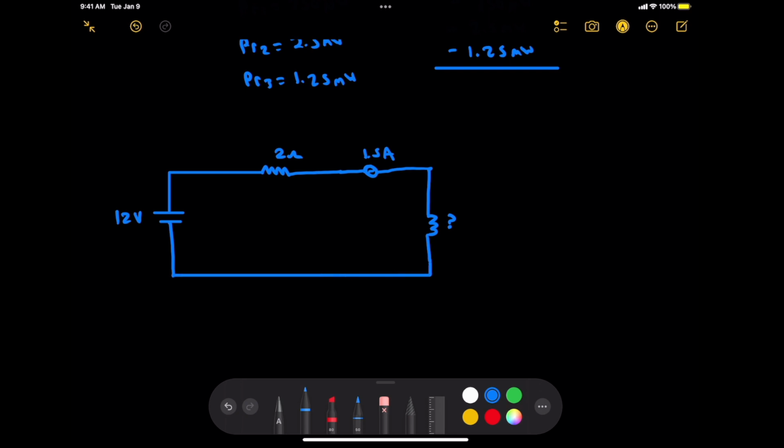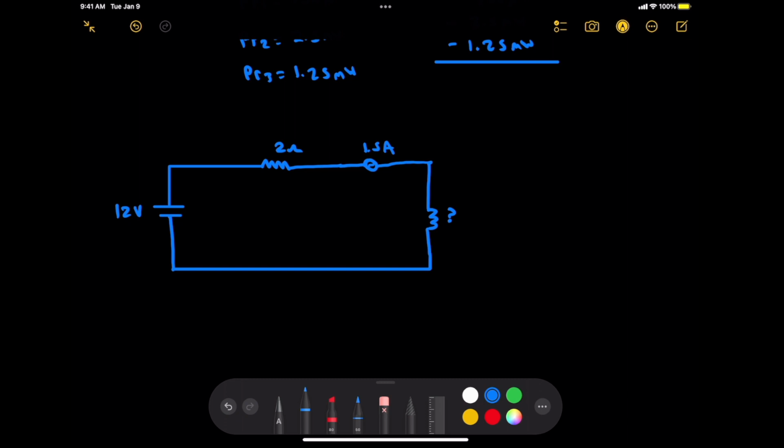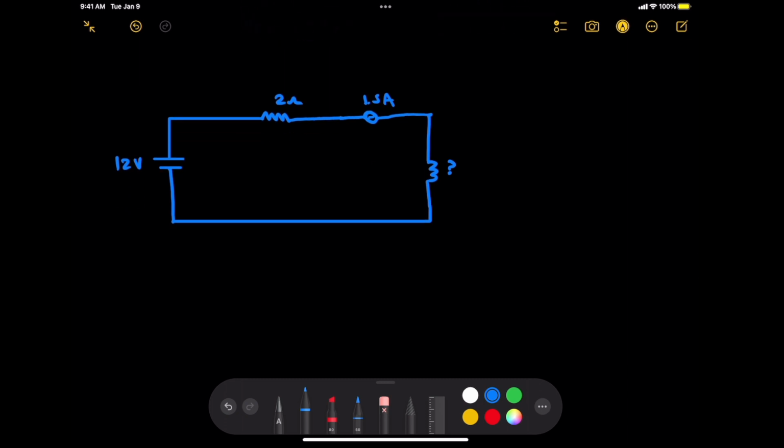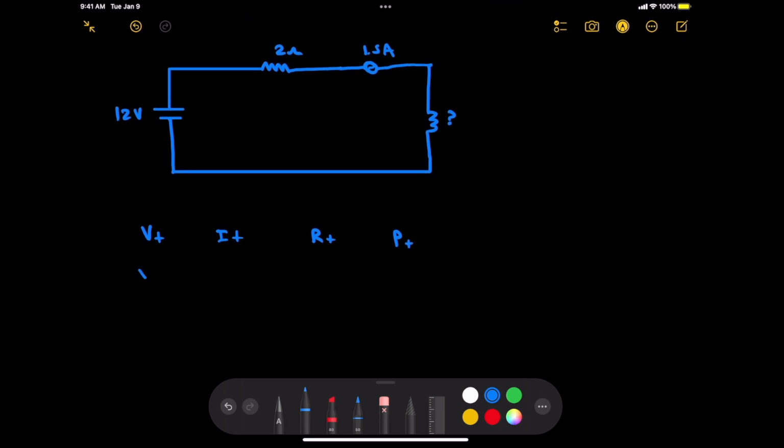Okay, so first, before we get to work, let's just jot down what we have. We have VT, and we have IT. We're looking for RT, PT, which is power. We're looking for VR1, VR2.